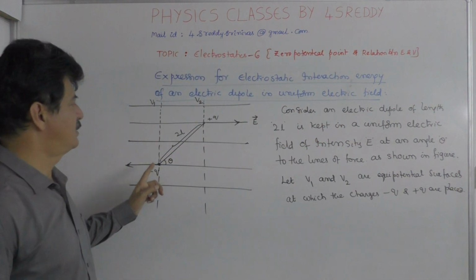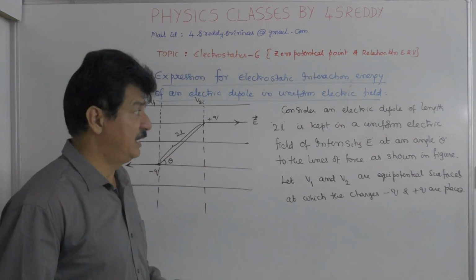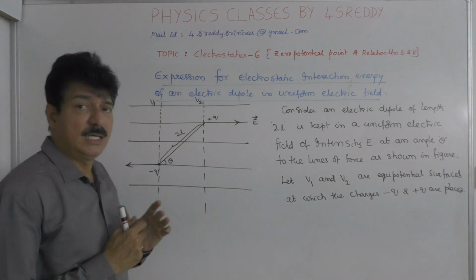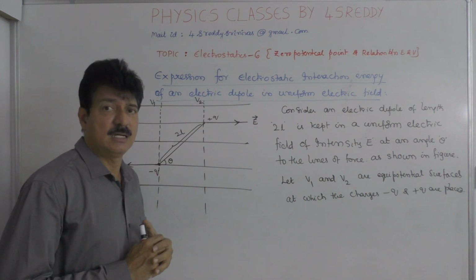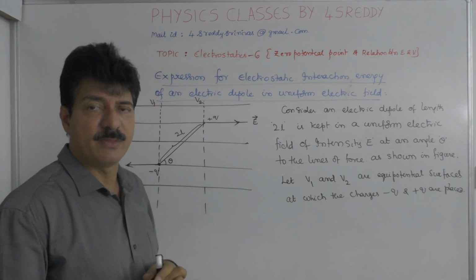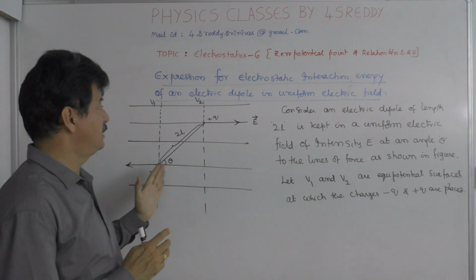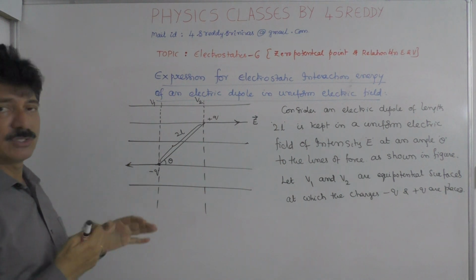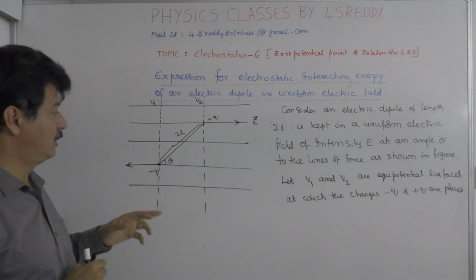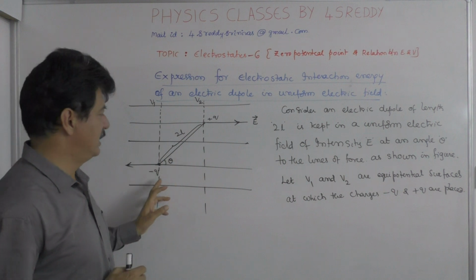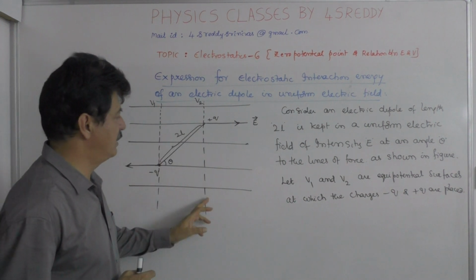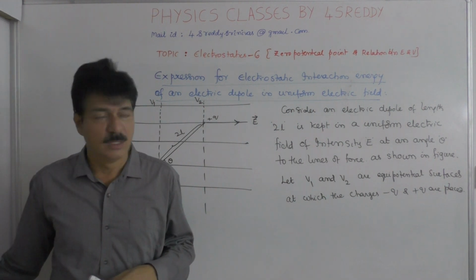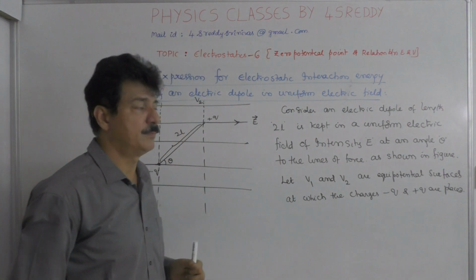So there is an important point here. This V1 and V2 are the equipotential surfaces. We'll discuss later what is meant by equipotential surfaces. Equipotential surface means a three-dimensional space at which the potential at every point is the same. So minus Q is at one equipotential surface V1 and plus Q is at another equipotential surface V2.